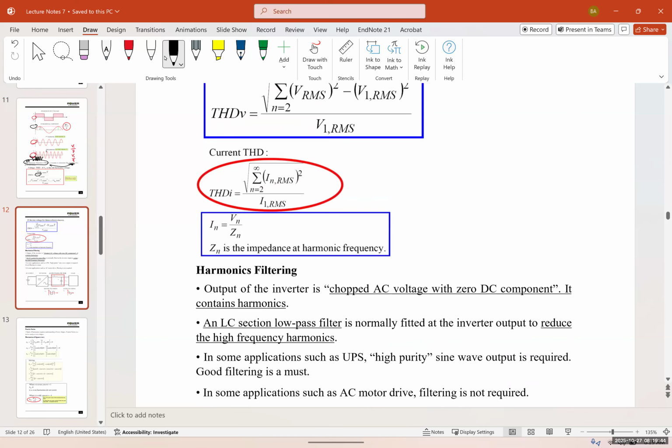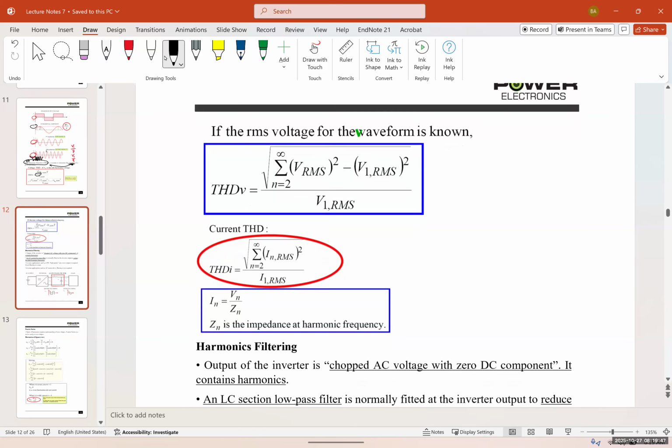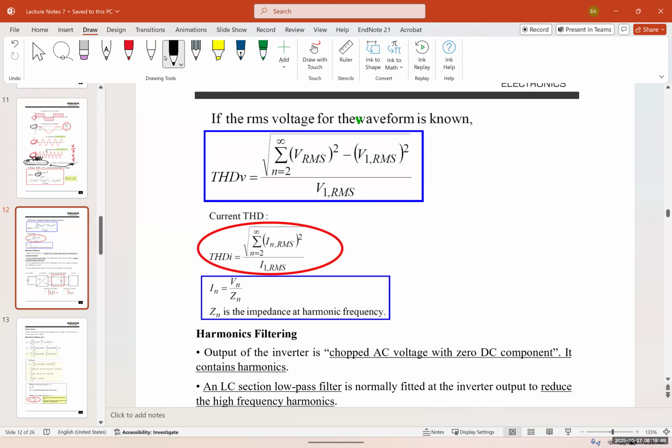Now, if the RMS voltage for the waveform is known, again, if we have a fixed voltage link, then we can find the total harmonic distortion for the current.